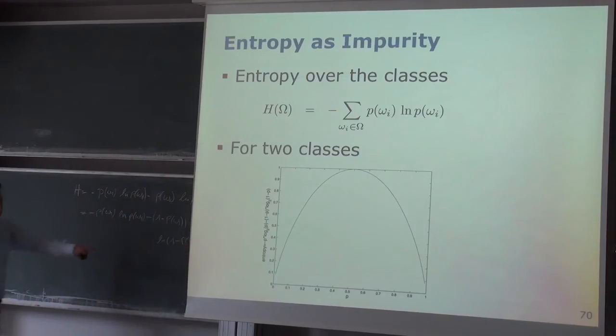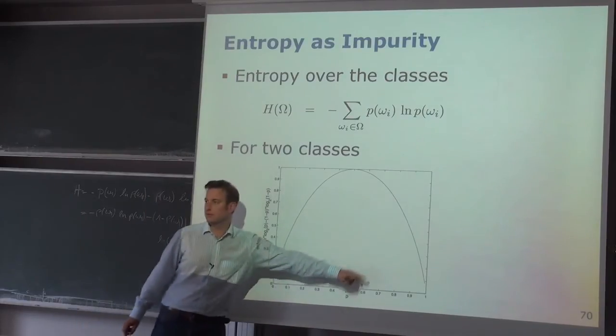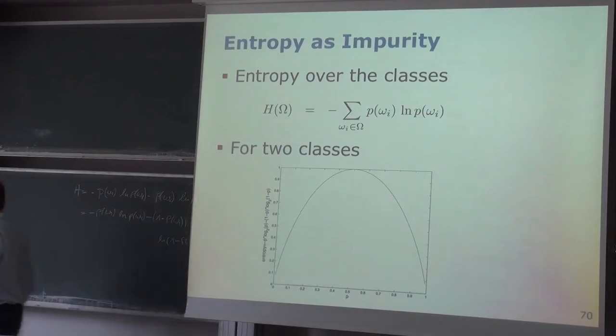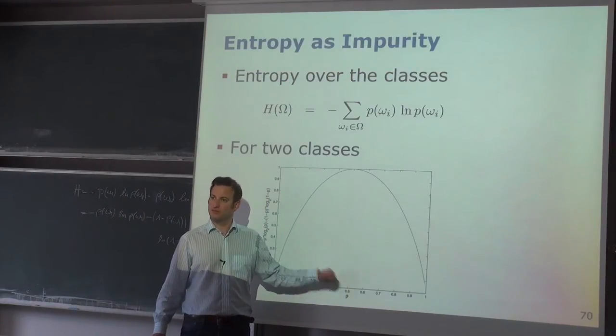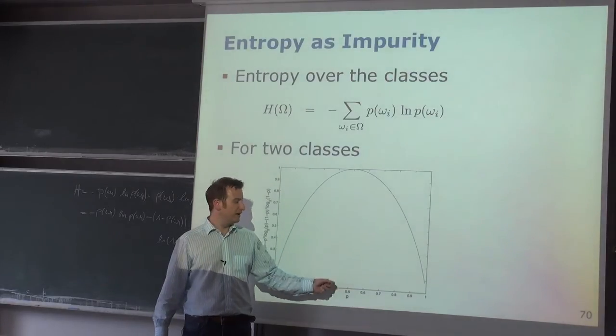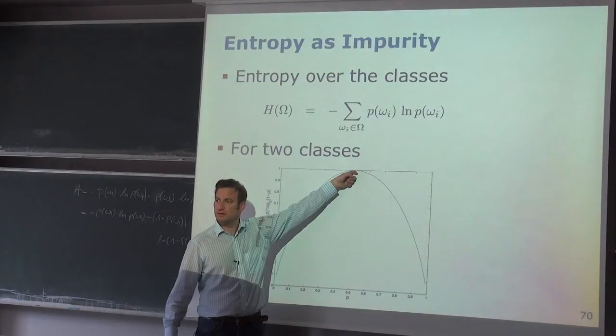And so what I plotted here is this P of w1, this plot corresponding to this element. What you can see is, if it's more or less 50-50, if I choose a random element from this area, whether it will be class 1 or 2, it is high impurity, high entropy.